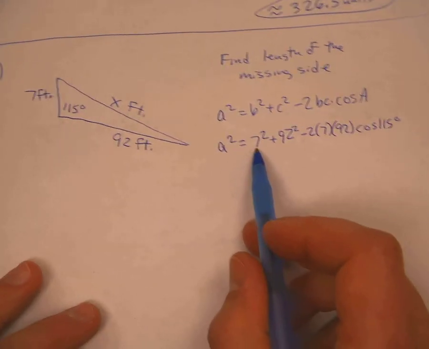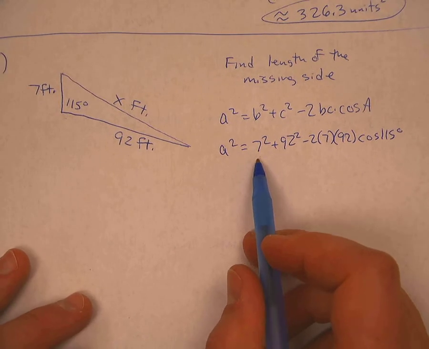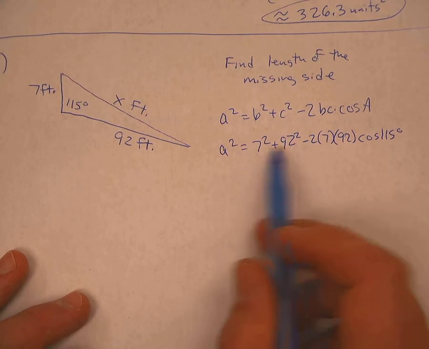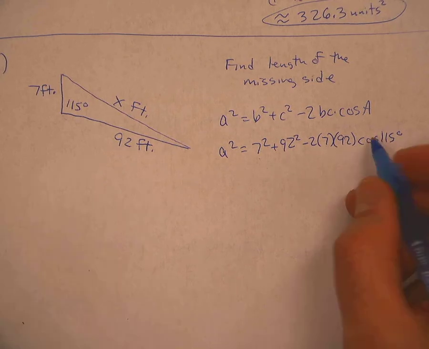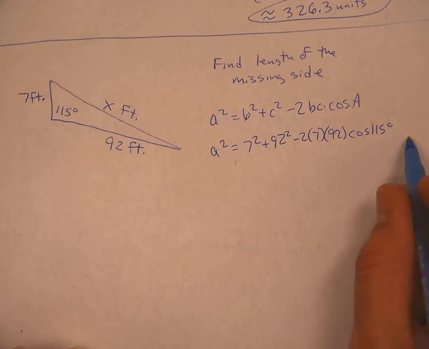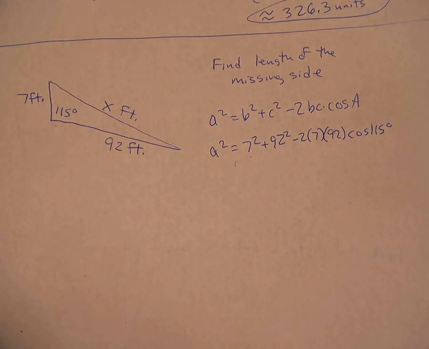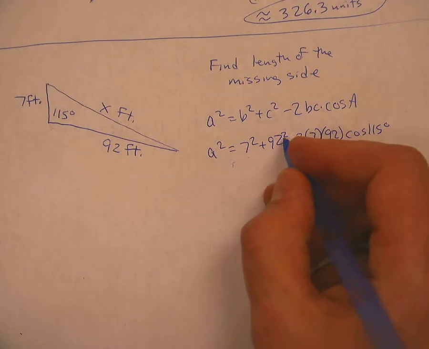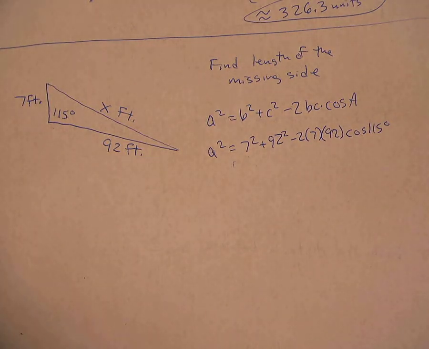Now it doesn't matter which one is B or C, but it does matter which one is A here. So the nice thing about this problem is I can put this all in my calculator at the same time. I can take 7 squared plus 92 squared, oh, I'm sorry, I made a little mistake there.